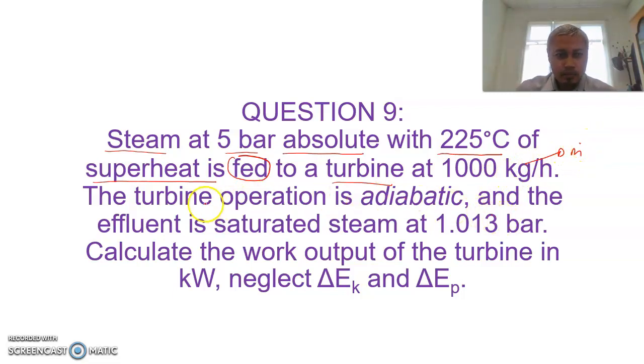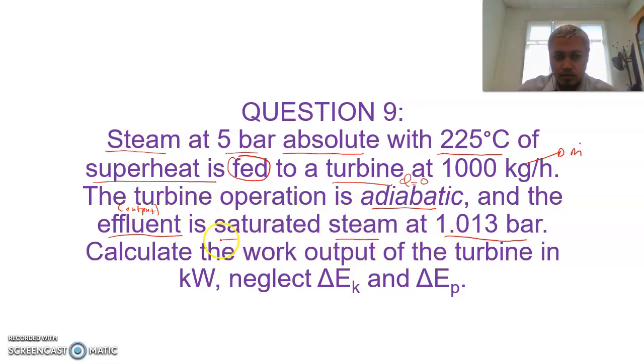The turbine operation is adiabatic. Whenever we see this term, we know that Q will be equal to 0, and the effluent is saturated steam at 1.013 bar. Effluent means the output. This is the output, where the condition for the output is steam.